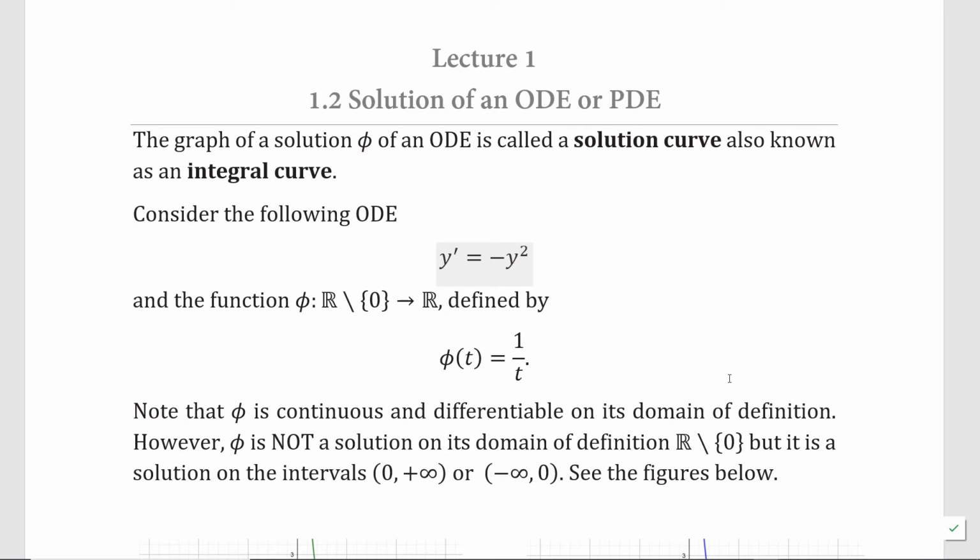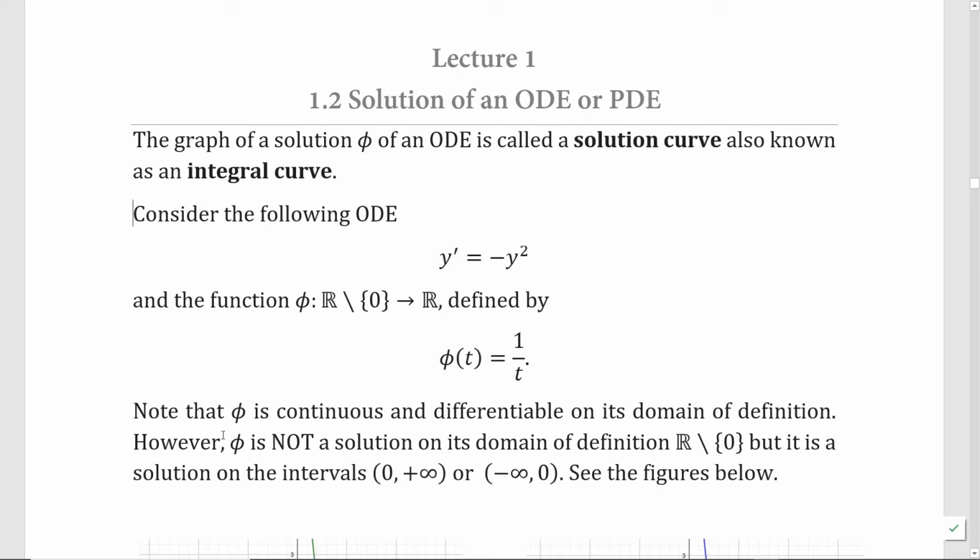If we plot the graph of a solution of an ODE, we get a solution curve, also known as the integral curve. Consider the following ODE, y prime equals negative y squared, and a function phi, which is a real valued function defined by phi of t equals 1 over t.